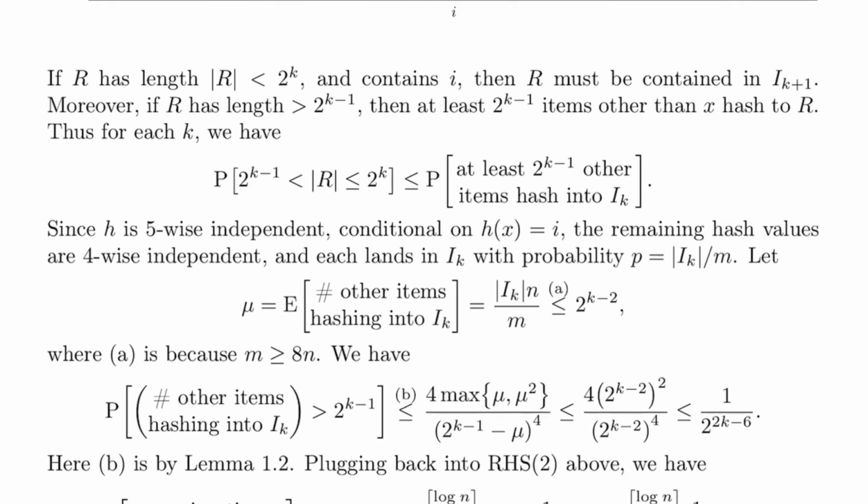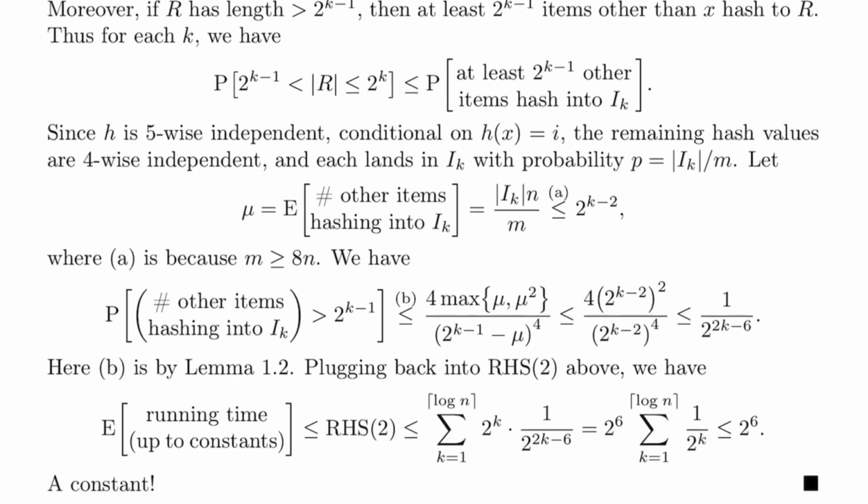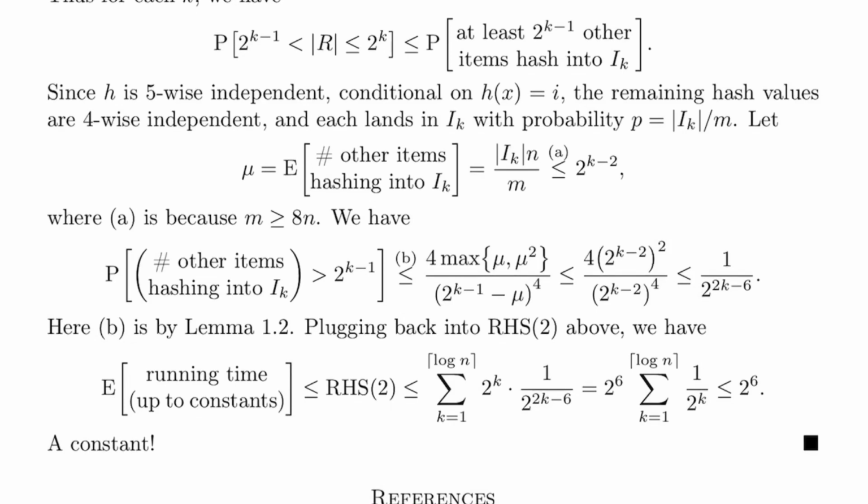Since h is 5-wise independent, conditional on h(x) equal to i, the remaining hash values are 4-wise independent, and each lands in I_k with probability p, which is equal to the size of the interval I_k divided by m. The probability that the number of other items hashing into the interval I_k is greater than 2^(k-1) is at most, by the fourth moment method from above, 4 times the max of the average or the average squared, divided by 2^(k-1) minus the average, to the fourth.